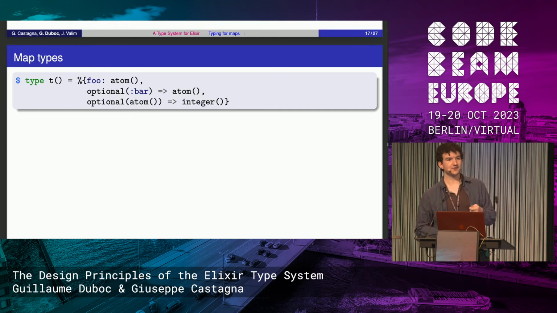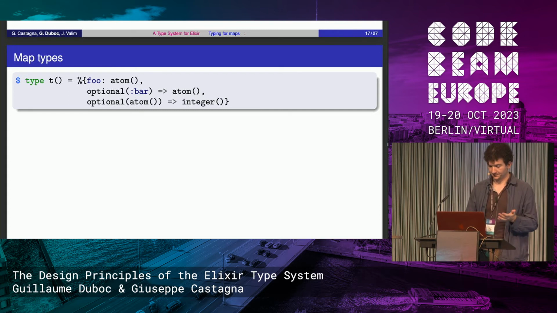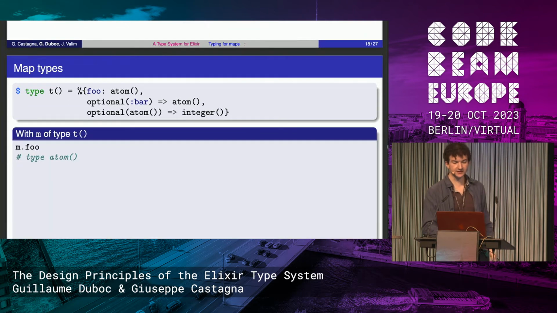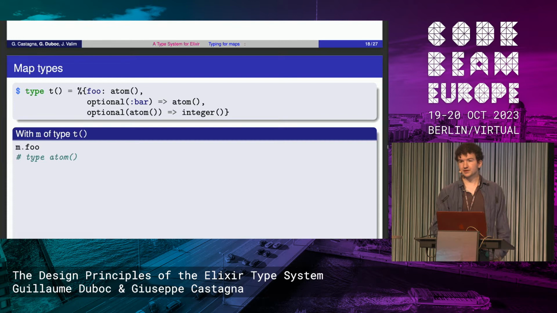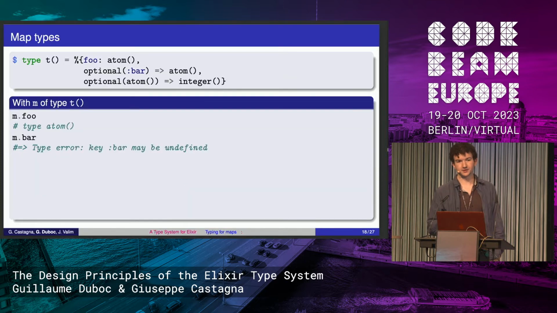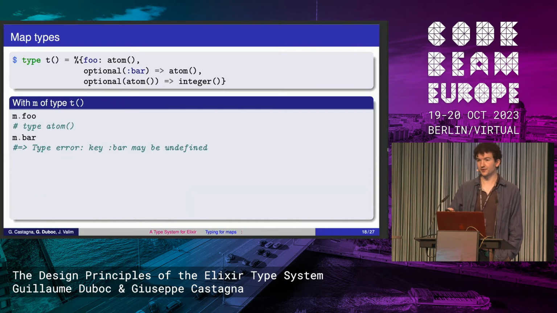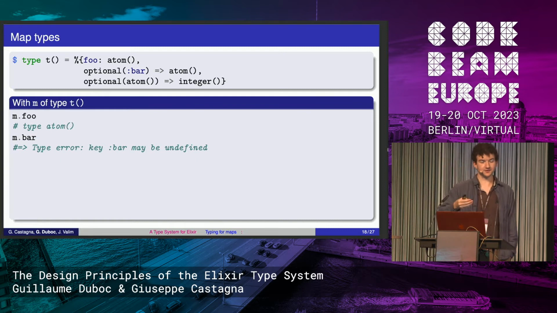And then if any other atom field is defined, it's going to be an integer. And we can then type check the different map operations. So m.foo is going to be checked to have type atom. m.bar is going to give you a type error because the dot notation asks that a certain field is defined.